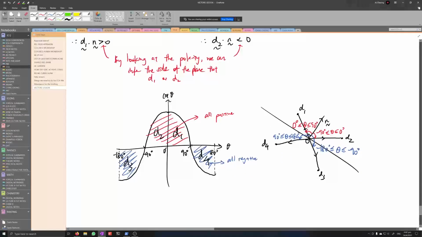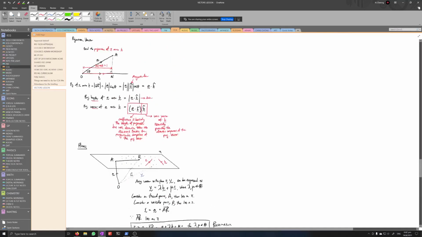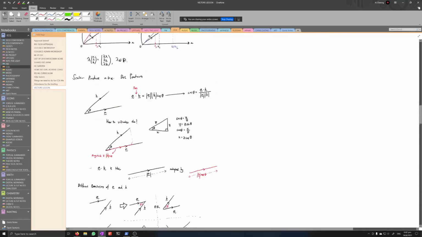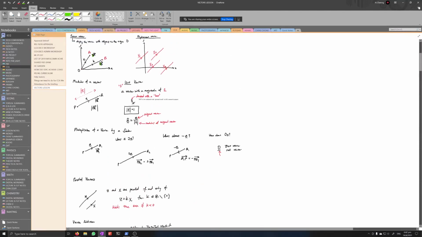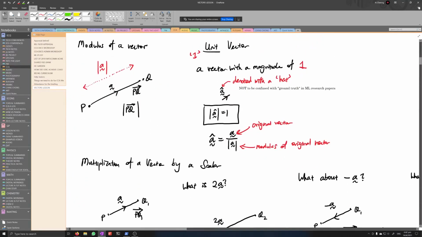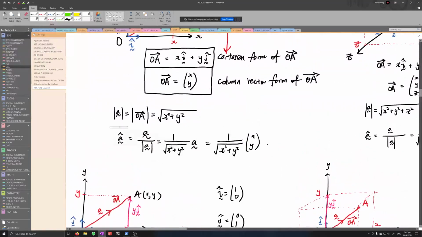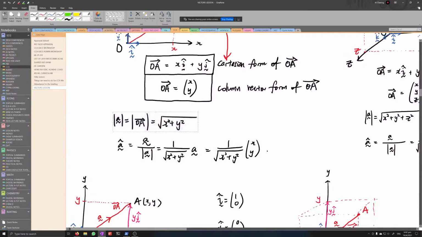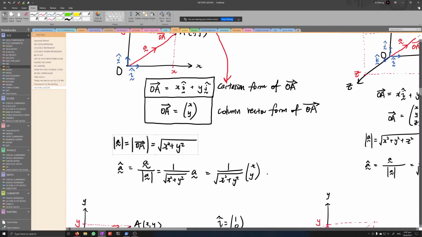Okay, and one last thing before we go. If we go back up to the Pythagorean distance when I taught you the modulus of a vector, the modulus of a vector is defined as x squared plus y squared, and then the square root of the whole thing, right?